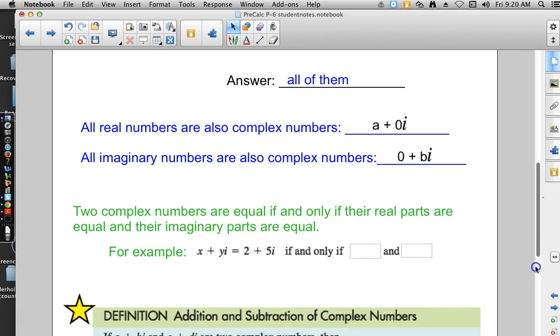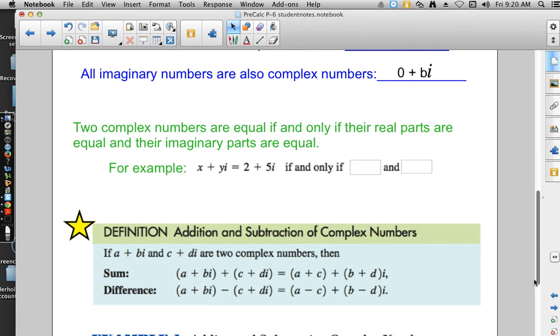So we think, oh man, look at that, we're going to have to do some complicated math there. No. The only way this is equal is if the x is a 2 and the y is a 5. That's it. The real part has to match and the imaginary part has to match. Absolutely have to.